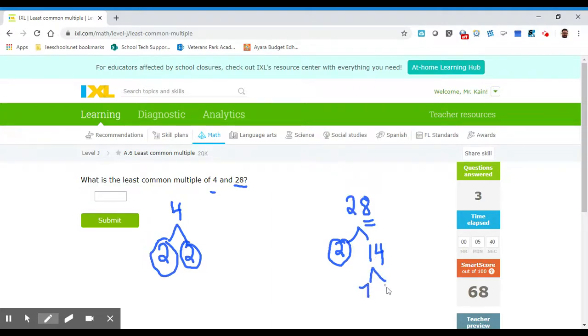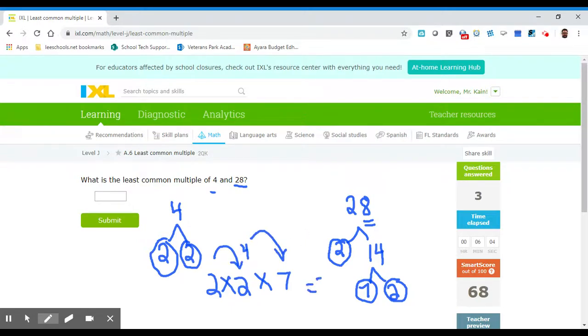And then you have 7 and 2. Okay. Now look at these two sets here. What's the most number of times that 2 appears? It appears 2 times. So we're going to do 2 times 2. And 7 appears once. So we're going to put 7. Then we multiply. 2 times 2 is 4. And 4 times 7 is 28. So the least common multiple of these two is going to be 28.